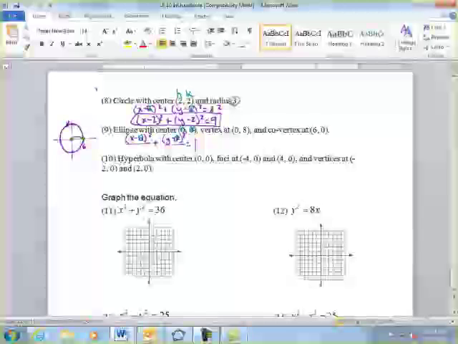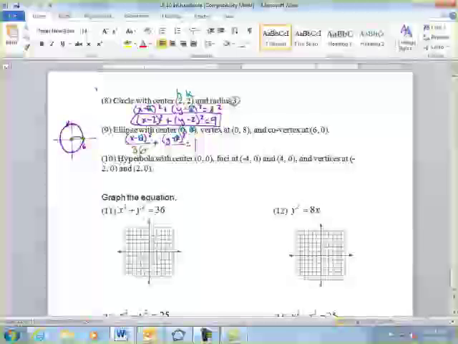What do I do with that information? Square it and put it under which letter? The x. Since x is sideways, under the x is going to go a 36.